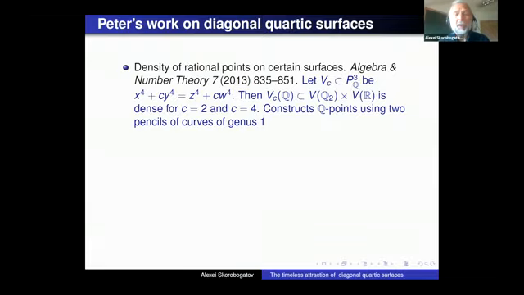And this is based on Mazur's theorem that says that the order of a torsion point on an elliptic curve over the rational numbers is at most 12. So what Peter did is he constructed a Zariski closed subset of the surface, a union of finitely many curves, with the property that if one finds a Q-rational point outside of the Zariski closed set, then one can show that the rational points are dense.